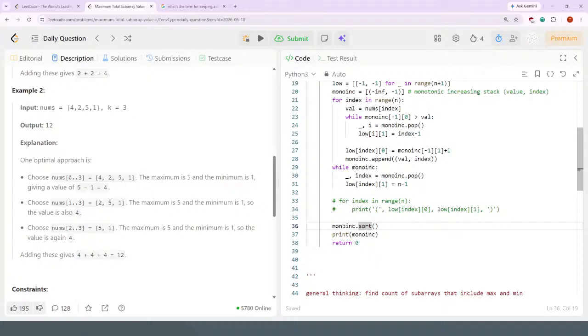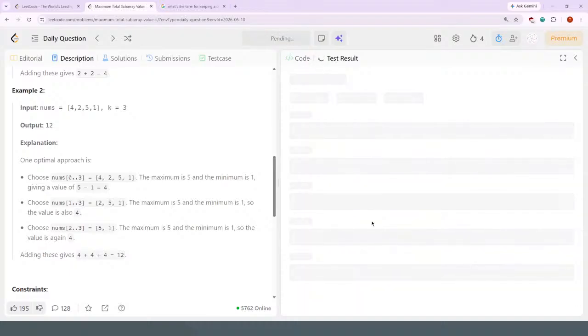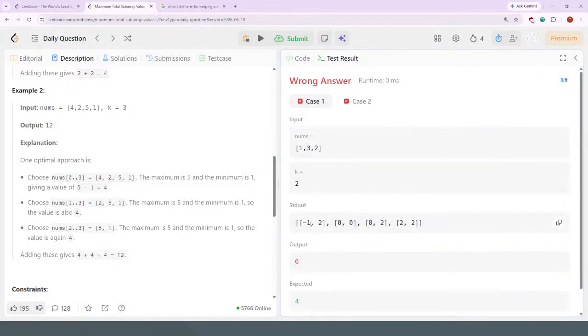Mono increase, oh, it's empty right now. I was thinking with the high dot sort. Actually, yeah, I think it should be the high and low. Does it sort? Okay, it does sort.